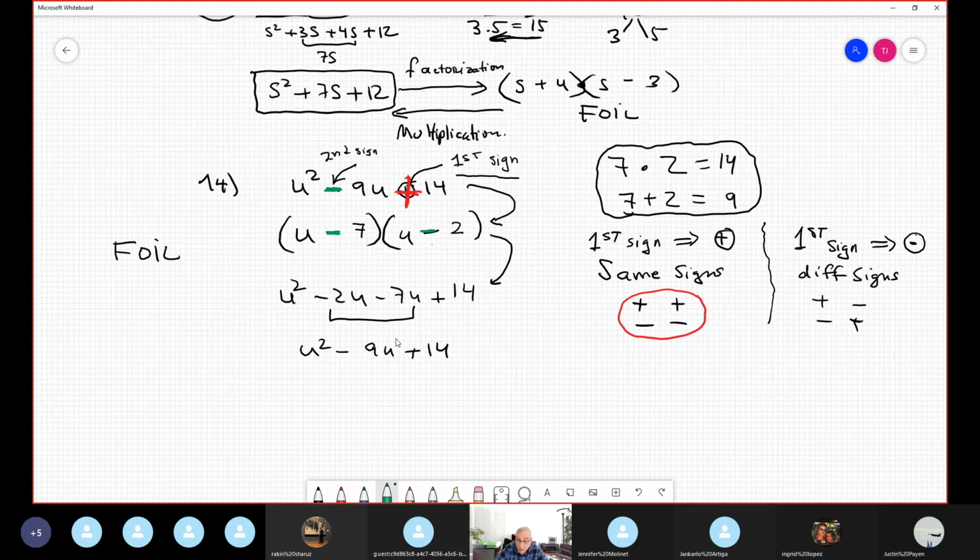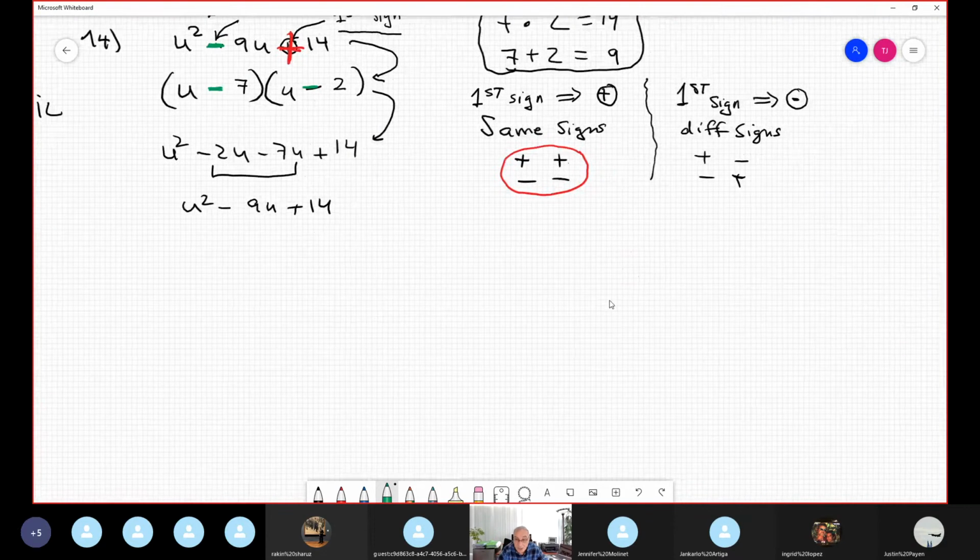Actually, it's hard to understand by seeing only two examples. Look, we have four possibilities. Plus plus, minus minus. It's the same sign. Plus minus and minus plus. It's different.